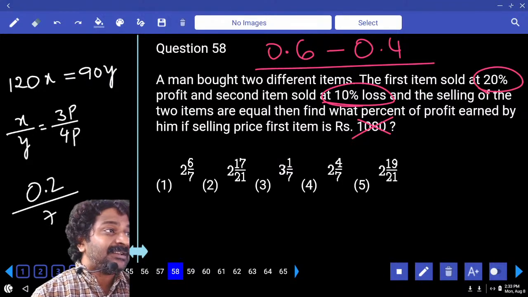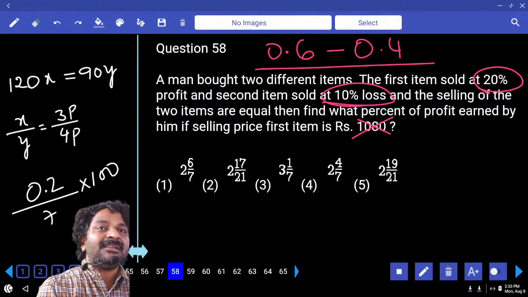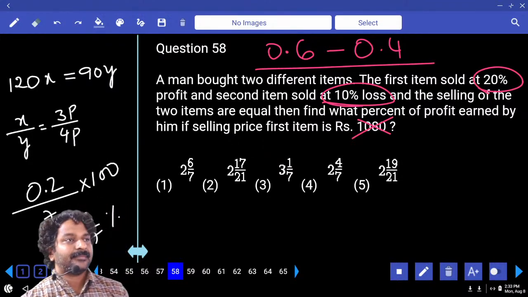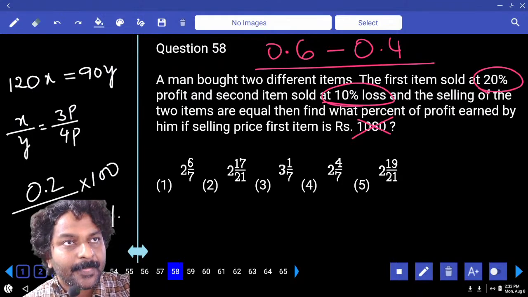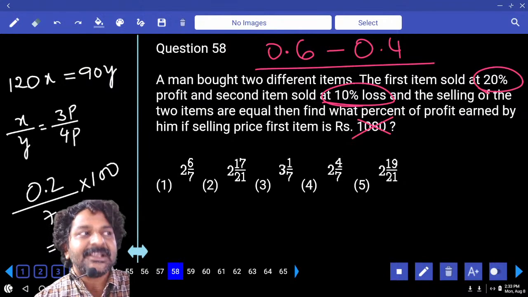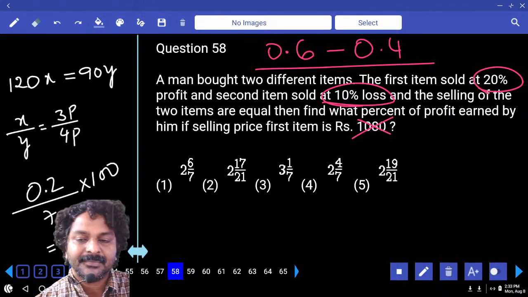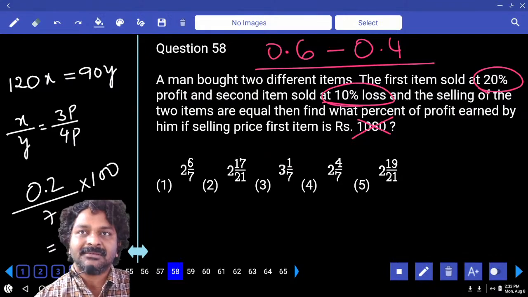P gets cancelled, into 100, which is 20 by 7, that is 2 6 by 7%. We don't need to use that number 1080. If you use it, it takes a lot of time again. When the question is about percentage, you don't have to bother about values in numbers.